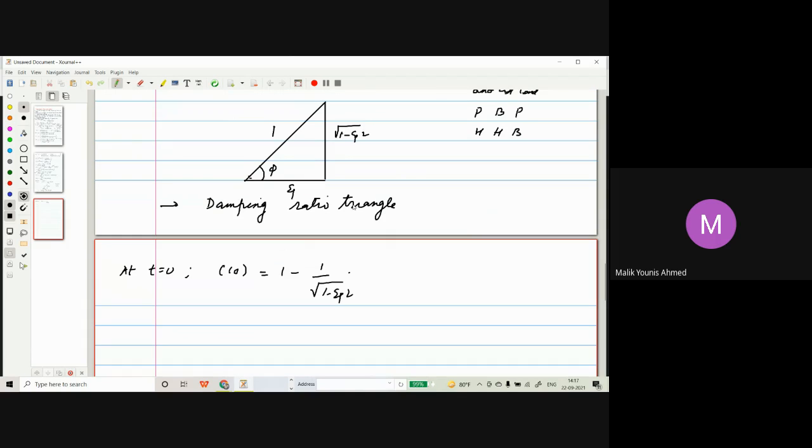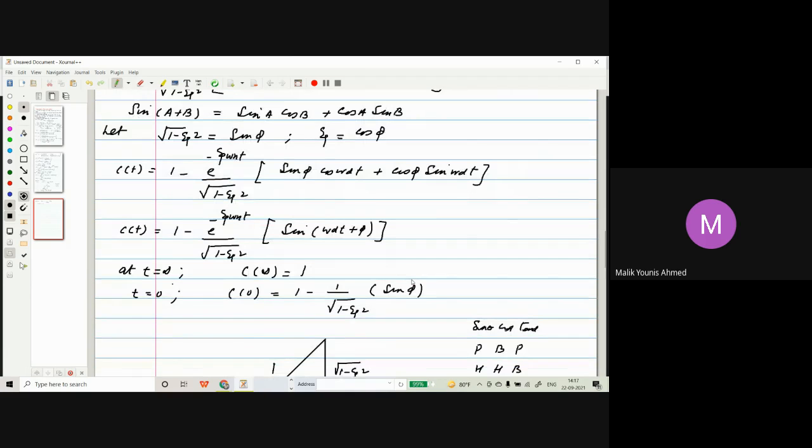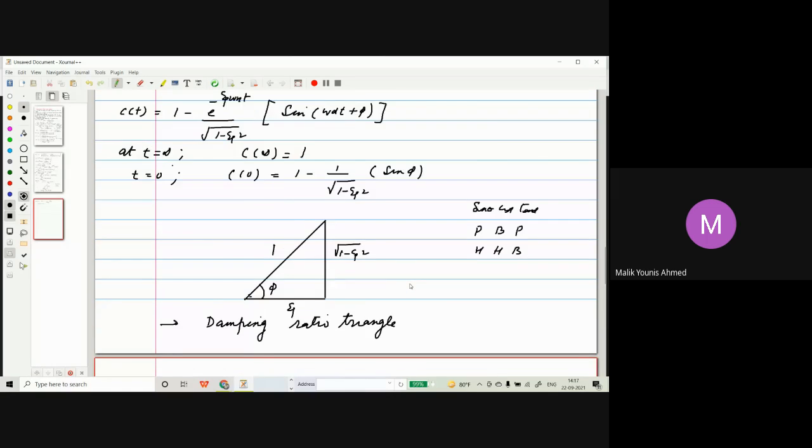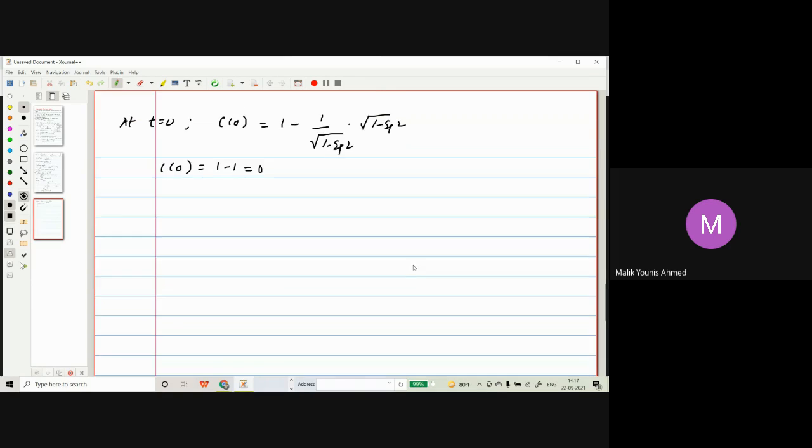Sine of phi is nothing but under root of 1 minus xi square, so 1 minus 1 will be 0. That is at the origin. Your graph will start from 0 and it will settle down at the steady state value 1. That is the underdamped case.